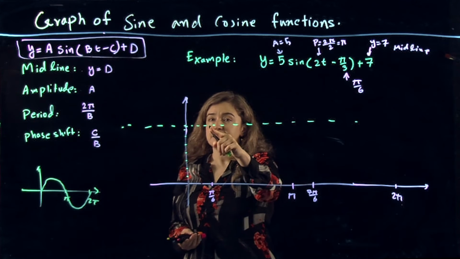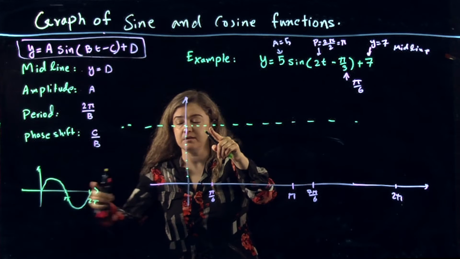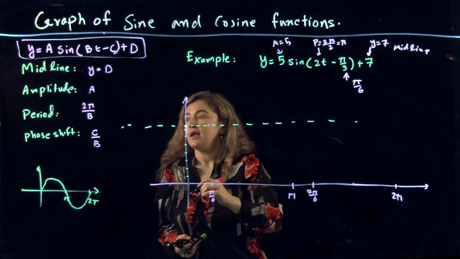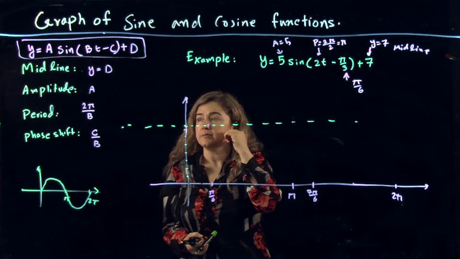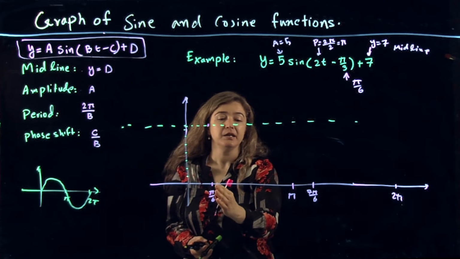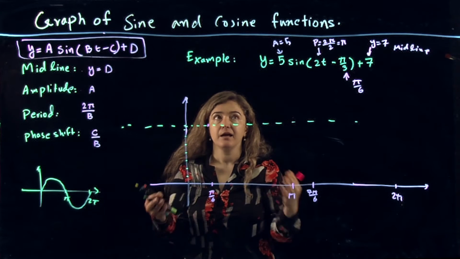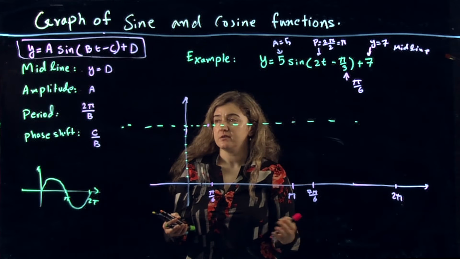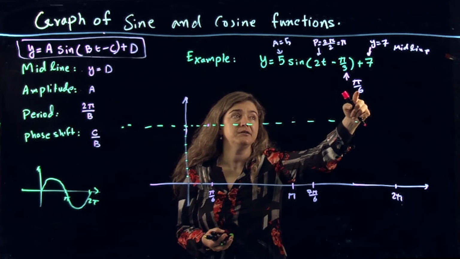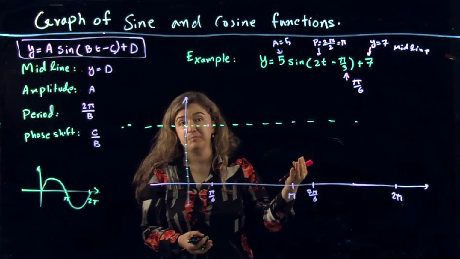At pi sixth, I will be at the midline, which is y equal to 0. And then after traveling 1/4 of the period, I will be at the peak.